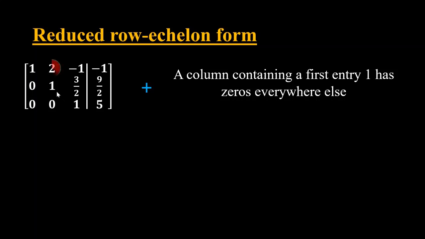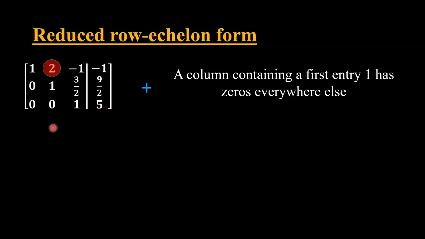Now in the second column, here is the 1, so we want to make this 2 into 0, because a column containing a first entry 1 has zeros everywhere else.